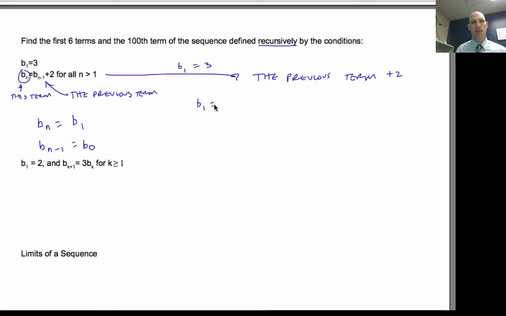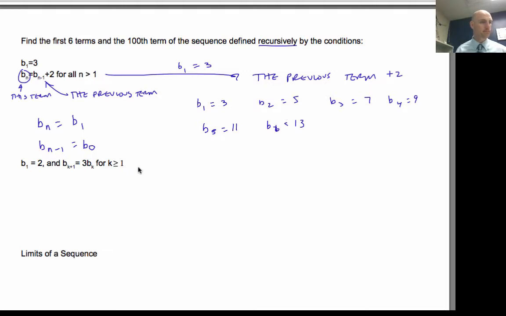If b sub 1 is equal to 3, then b sub 2 is equal to 5. B sub 3 is equal to 7. B sub 4 is equal to 9. B sub 5 is equal to 11. B sub 6 is equal to 13. Okay, that's exactly how this works.